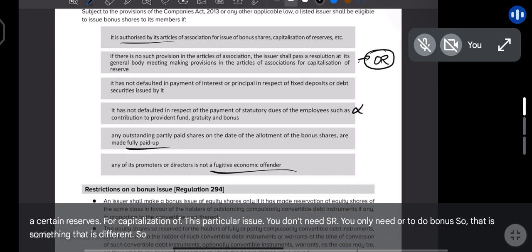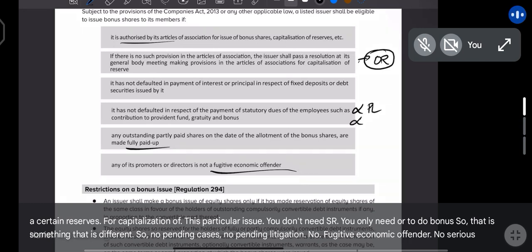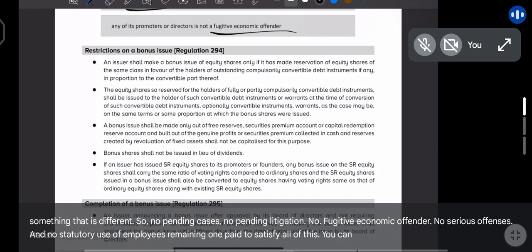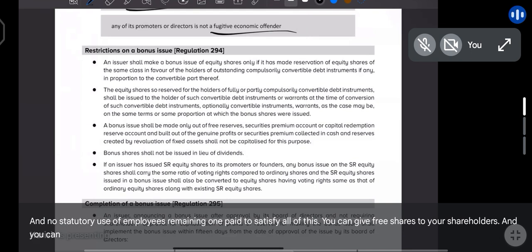So no pending cases, no pending litigation, no fugitive economic offender, no serious offences, and no statutory dues of employees remaining unpaid. To satisfy all of this, you can give free shares to your shareholders and you can increase your share capital.